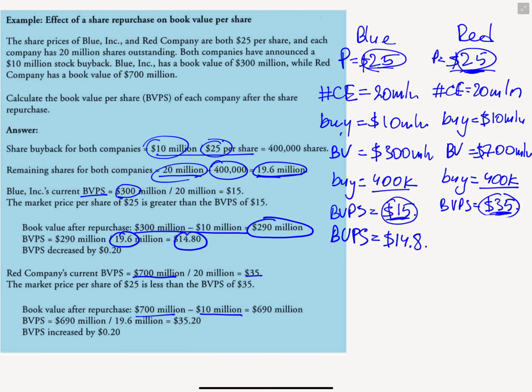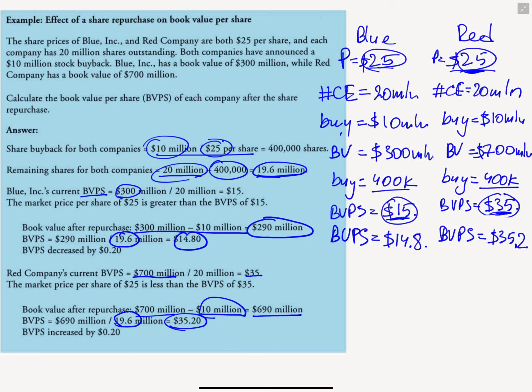For the red company, they had the book value minus how much they want to spend for repurchasing stock. Then it has a new book value and the remaining shares after subtracting. Then it has a new book value per share of $35.2.